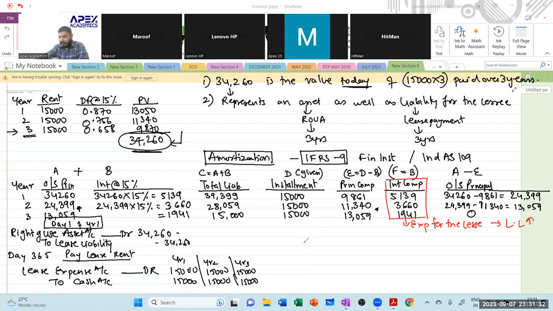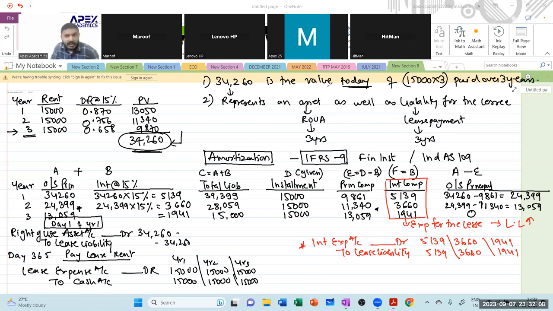The entry that you will pass very simply is going to be interest expense account debit to lease liability. For year 1, 5,139. For year 2, 3,660. For year 3, 1,941. The lease liability has increased.